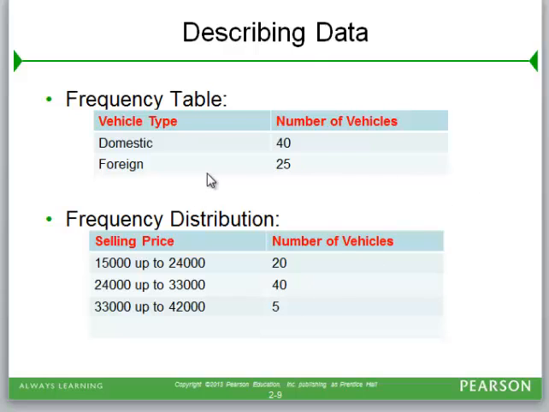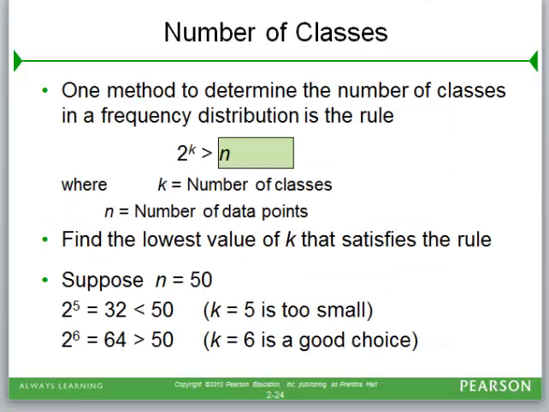After we know the purpose of organizing the data into a frequency table and frequency distribution, the next step is how we construct them. In this class, we're going to focus on frequency distribution. First of all, we need to decide the number of classes.